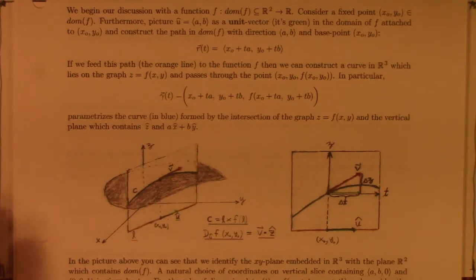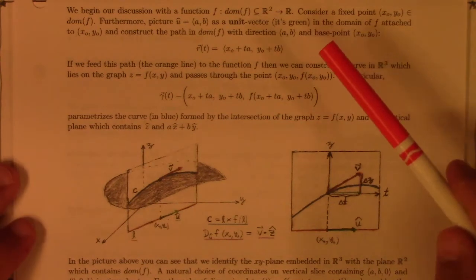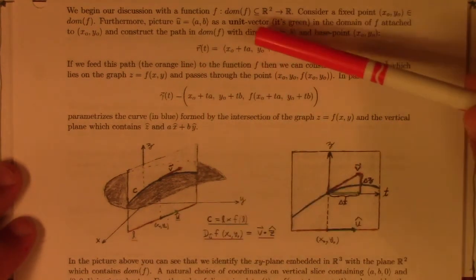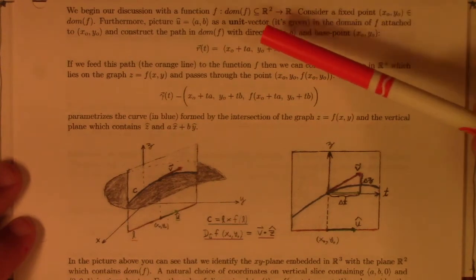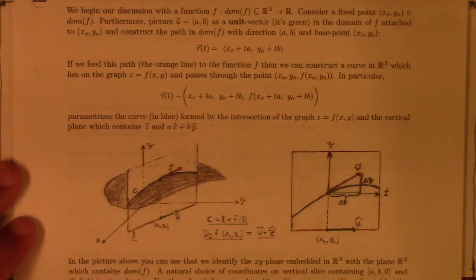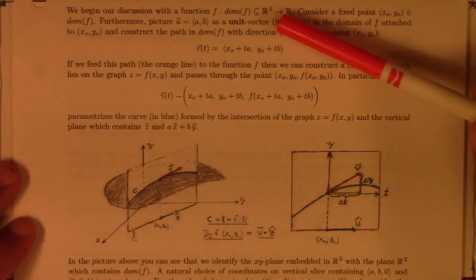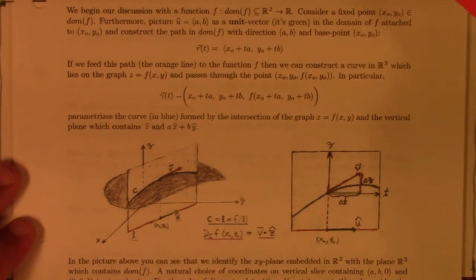See here, this is a parameterization in the domain that goes in the direction a, b, and it has base point x0, y0. So we're going to study the change of the function at the point x0, y0 in the a, b direction. And for the sake of specificity, we insist that the vector a, b be a unit vector.